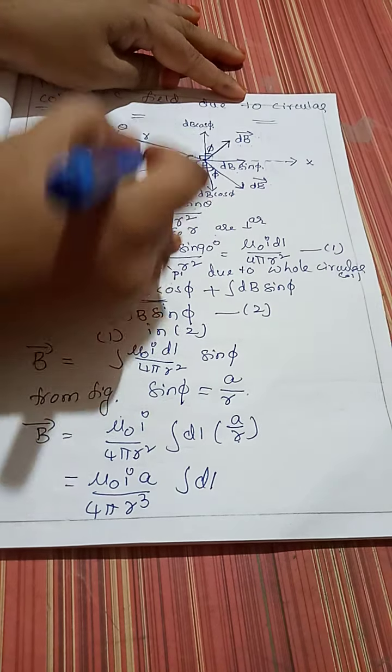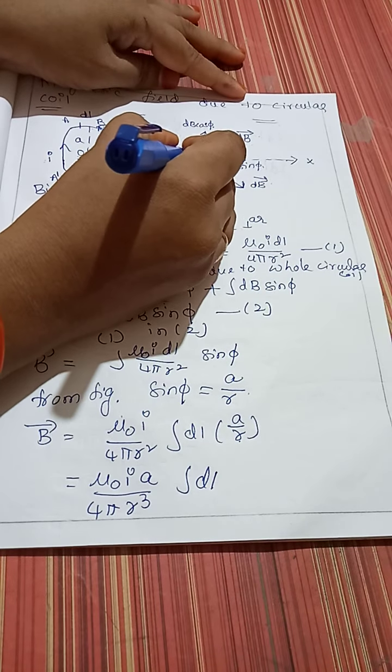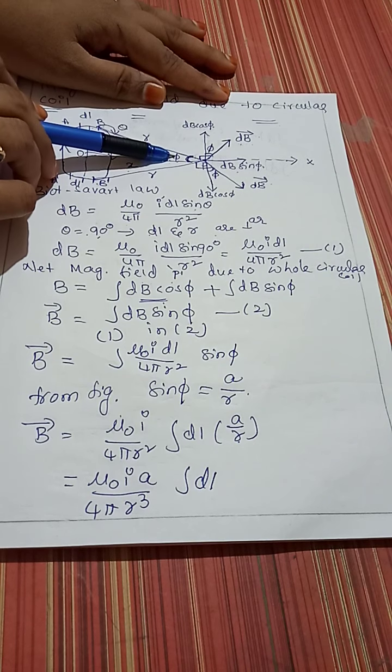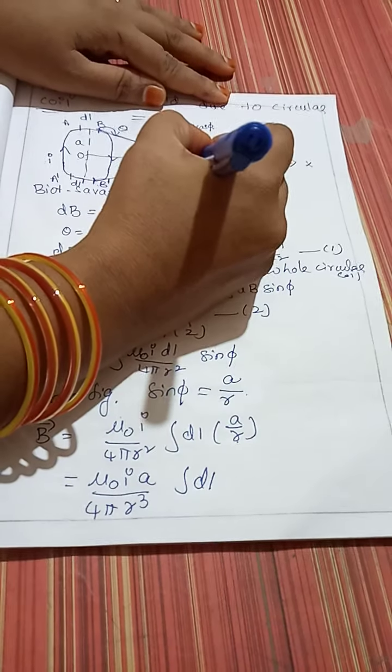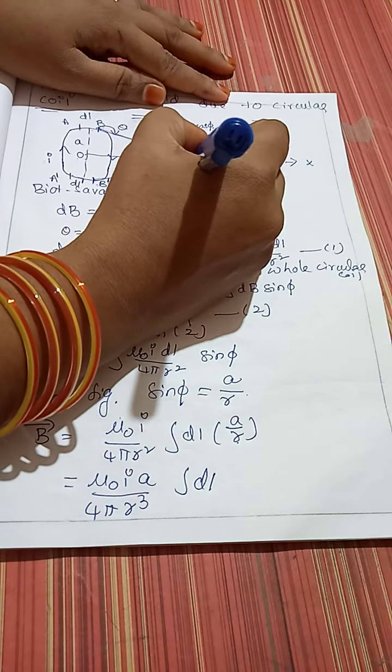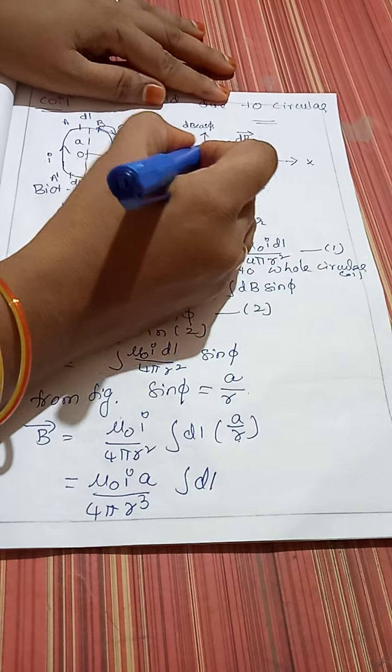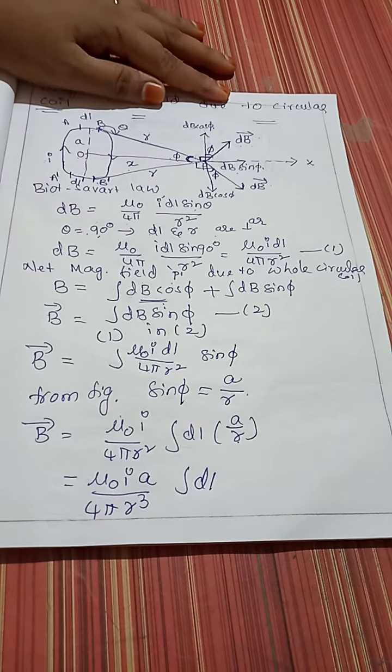This is the angle phi, so this other angle becomes 90 minus phi.